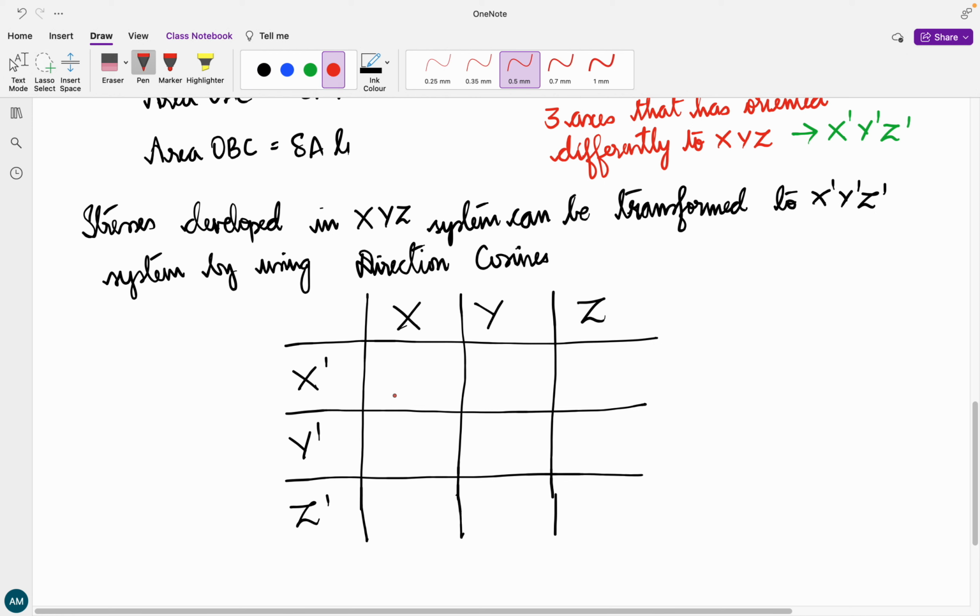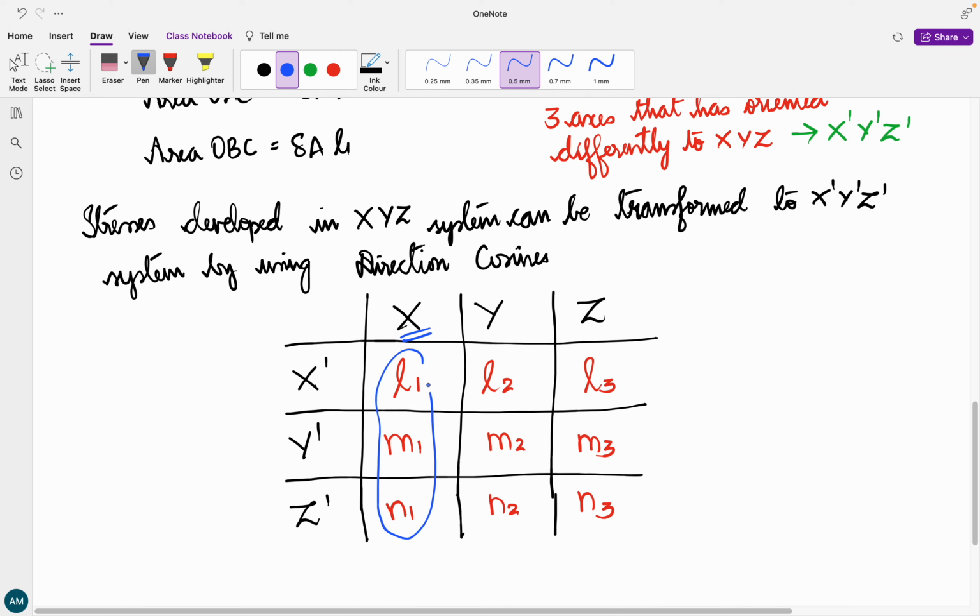The values are L1, L2, L3, M1, M2, M3, N1, N2, N3. So if you're dealing with x axis, direction cosines are L1, M1, N1. If you are dealing with x dash axis, then the direction cosines are L1, L2, L3. Okay. So similarly, it is going to vary. Whichever axis that you're trying to deal with, correspondingly, it is going to vary.